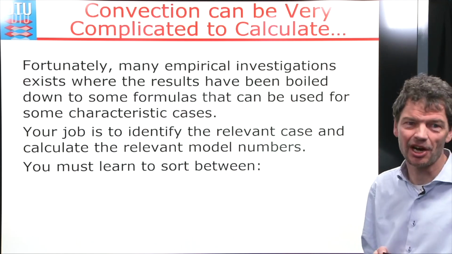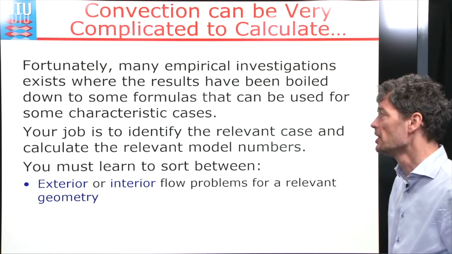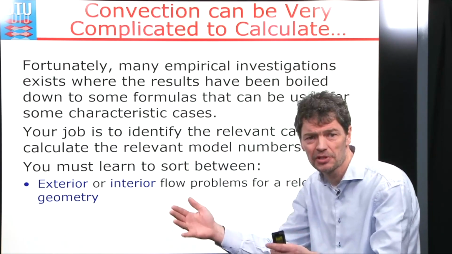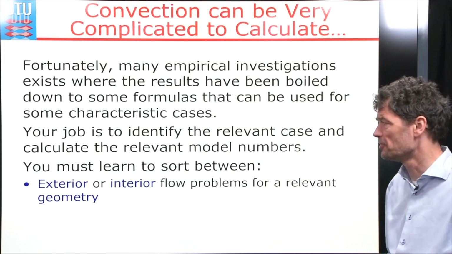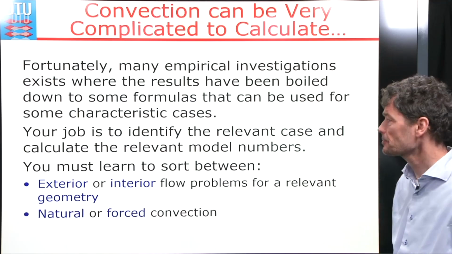So your job is to sort out what kind of case you are dealing with. That could be flows that are either exterior to an object or a surface, or interior within an object or a room or cavity or something. That depends on the geometry that you must identify.